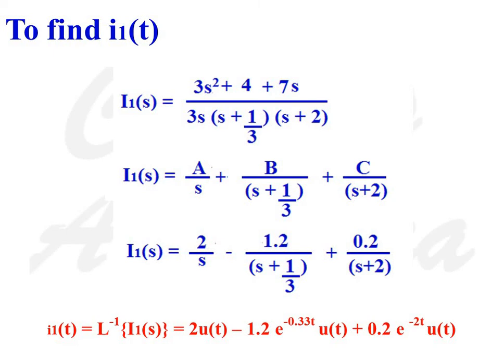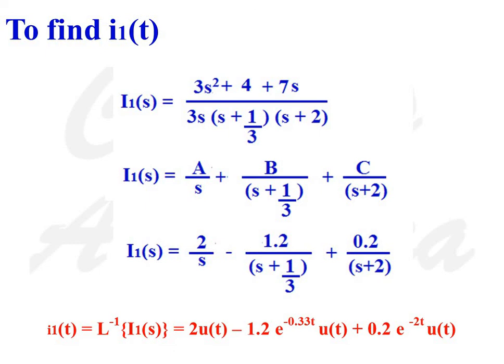So I1 of t is equal to Laplace inverse of I1 of S, that is equal to Laplace inverse of 2 by S minus 1.2 divided by S plus 1 by 3 plus 0.2 divided by S plus 2.